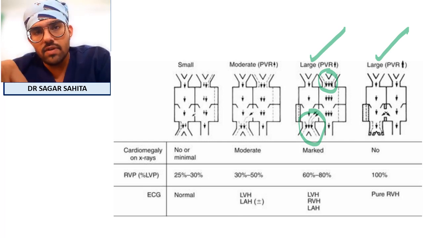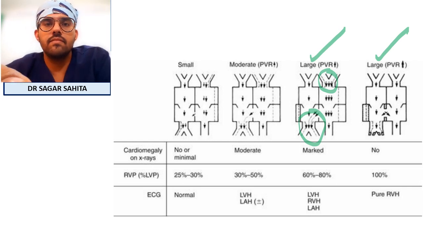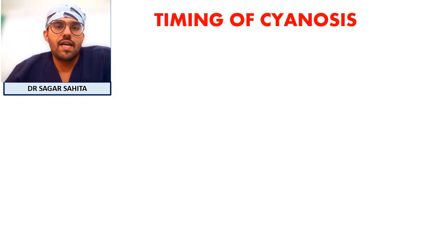Cardiomegaly will improve, X-ray will no longer show cardiomegaly, and the lung fields will become oligemic. But remember that Eisenmenger syndrome symptoms may improve. That does not mean patient is operable. That means patient is now inoperable and a surgery would in fact harm him.